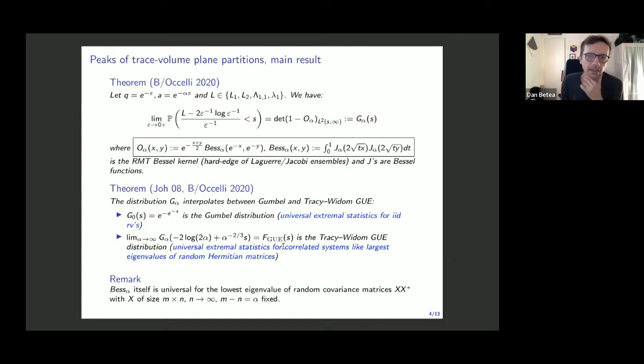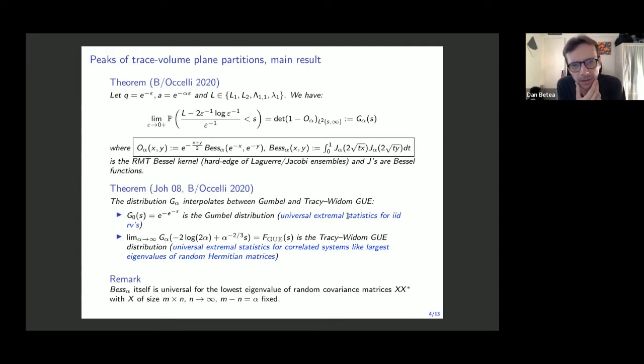So in the second case, you look at maxima of IID systems, IID random variables, and in the first case, you look at maxima of highly correlated systems. And this alpha somehow goes between the two. So you look at 2 different universality classes. One is the so-called, I suppose, Gaussian class, and you look at extremal statistics therein.